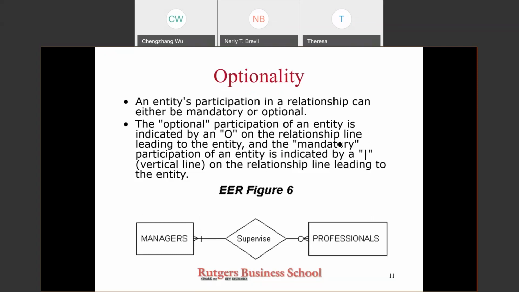All right, next, let's see how optionality of a relationship is depicted in an ER diagram. An entity's participation in a relationship can be either mandatory or optional.